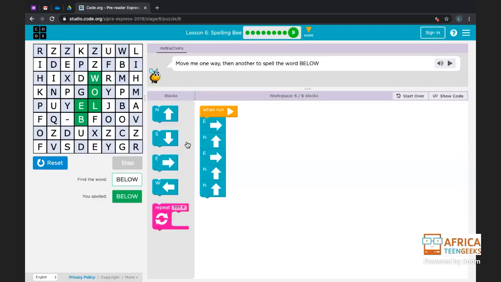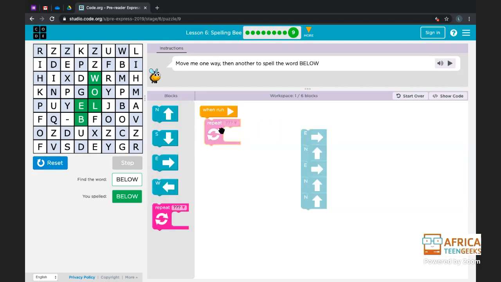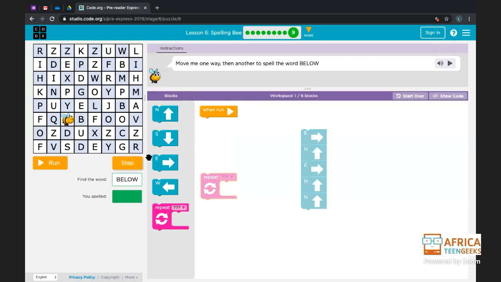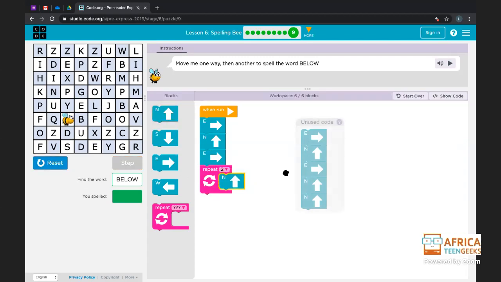Okay, guys. Let's see if we can change it a little bit. So now, if you have written the code this way, you're also correct. So we say, let's reset. We go to the east once, then we go to the north once, we go to the east once again, then we put the repeat button, we ask the little b to go north 2 times.